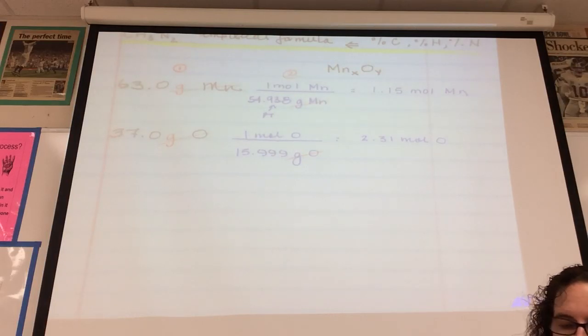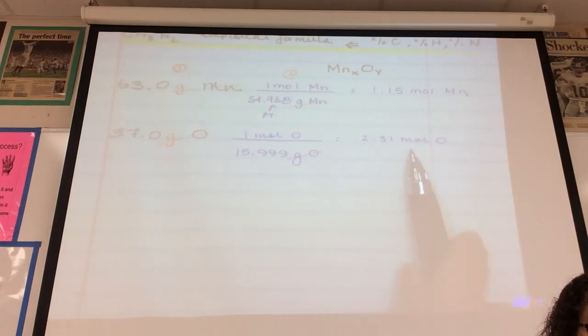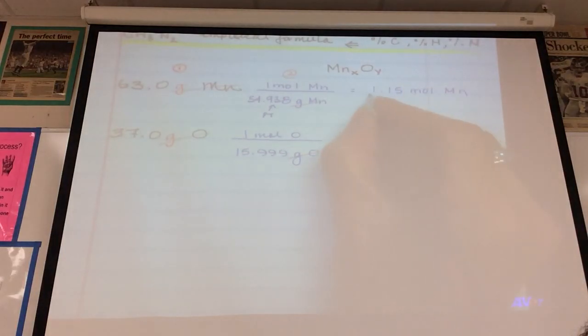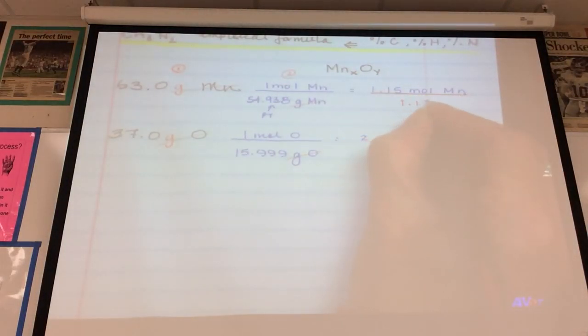The next step is to get the simplest whole number ratio. You are going to divide each of these by whatever number is smaller. 1.15 is less than 2.31. You only divide by the number 1.15, and you do the same to this.